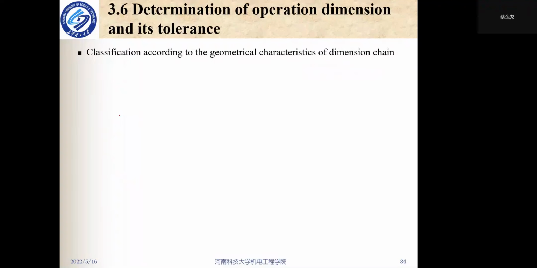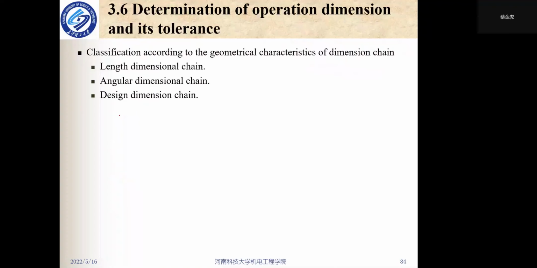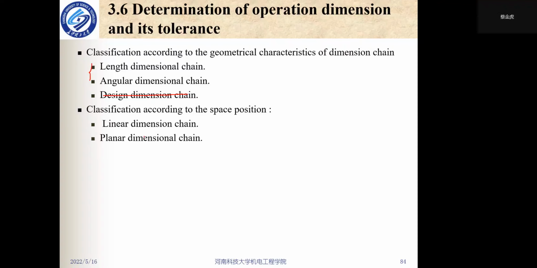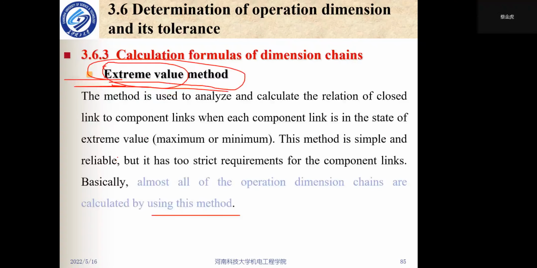And the classification by the geometrical characteristics, which can be divided into length and angular. And the last one, classification according to the space position, which includes the linear, planar, spatial dimension chain.